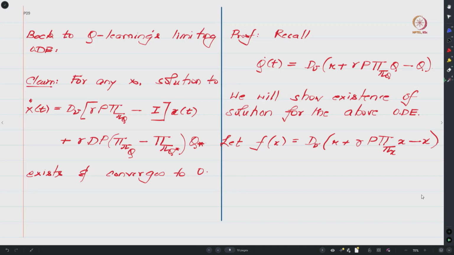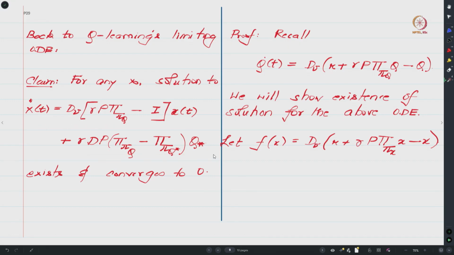Now what we are going to do is to see how we can use this vector comparison lemma to say something about the limiting behavior of the solution trajectories of this ODE that we had constructed.